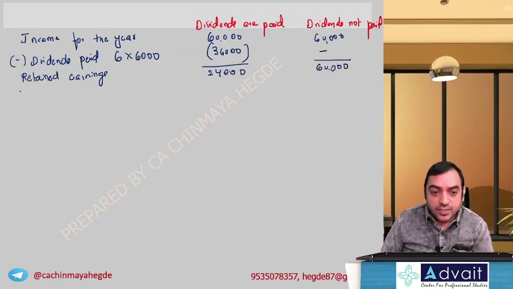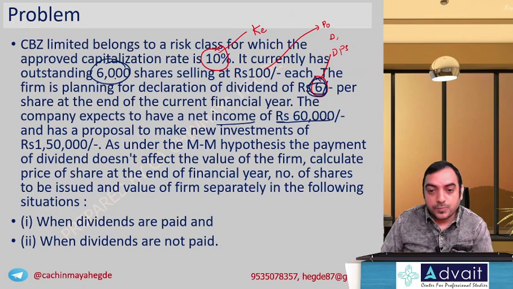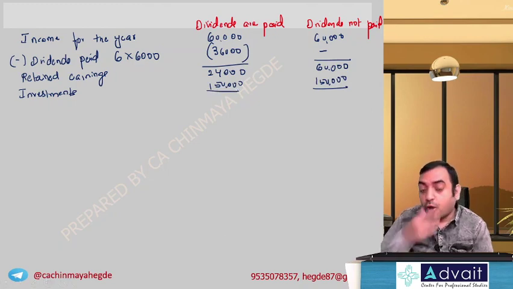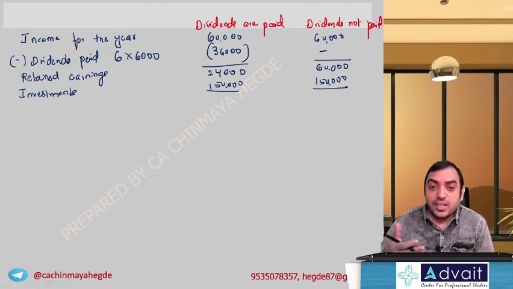Now, what is the investment planned? Investments. They're planning to make an investment of 1,50,000. So now there is a shortfall. Now, how do you fulfill the shortfall? How do you get the money on the shortfall?